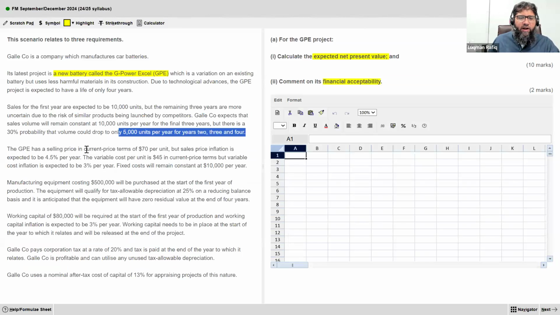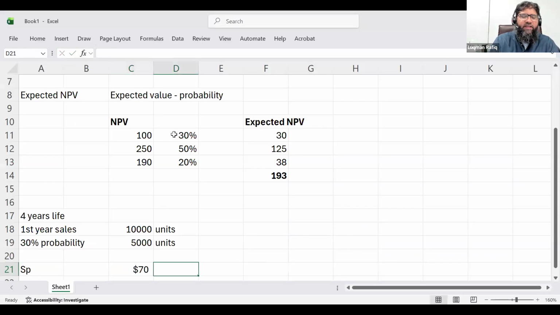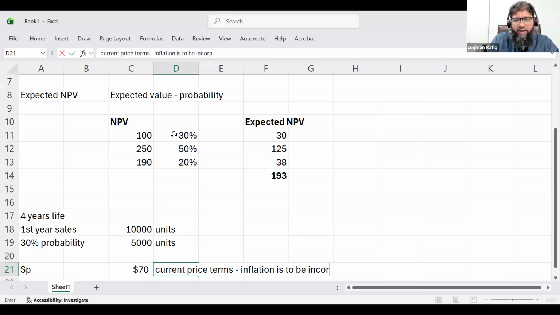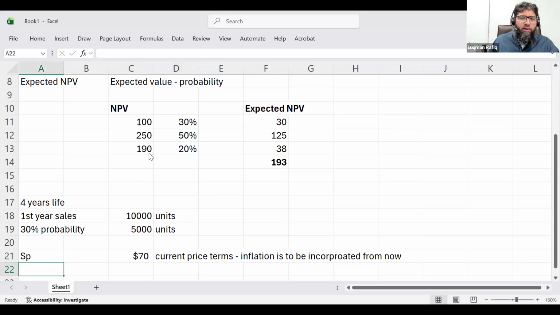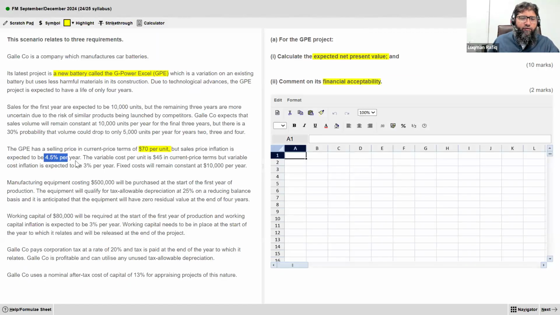The GPE has a selling price in current price terms of $70 per unit. When he says current price terms, it means that inflation is to be incorporated from now, but sales price inflation is expected to be 4.5% per year.